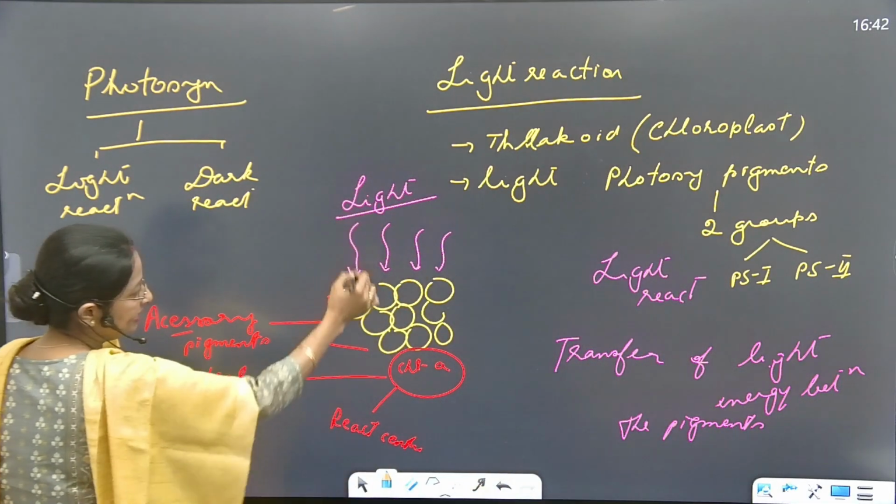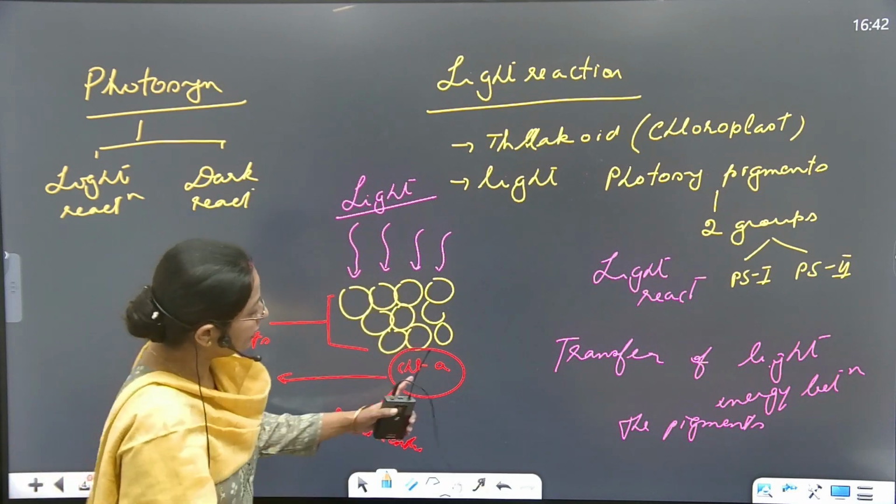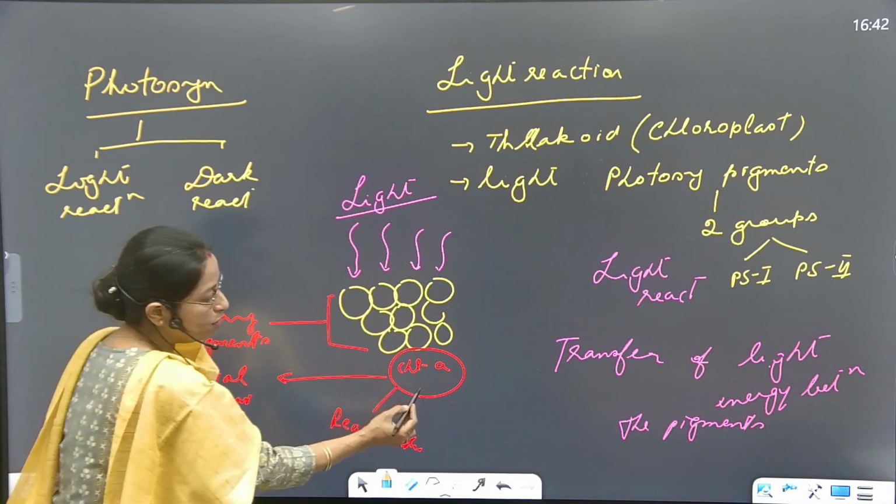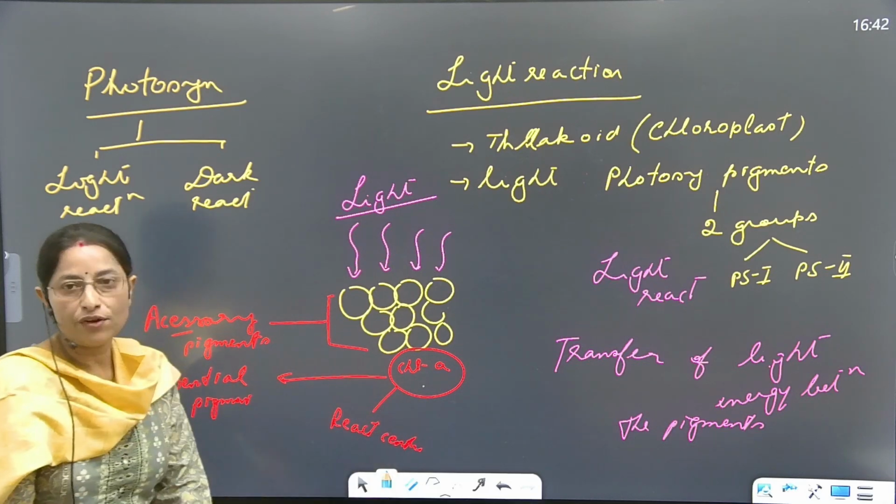By the word transfer, what we understand is, first, when sunlight falls, in this photosynthetic group the important molecule is chlorophyll A, the reaction center, right?